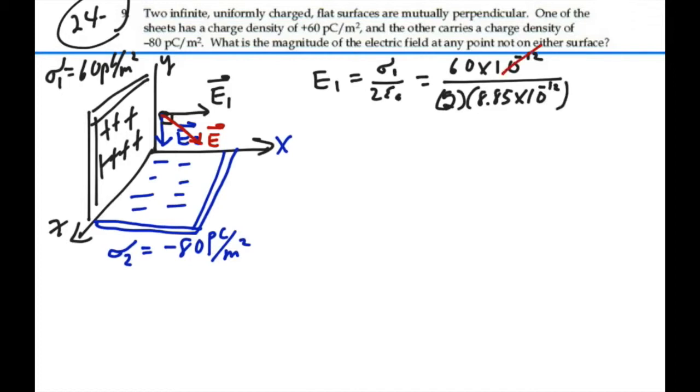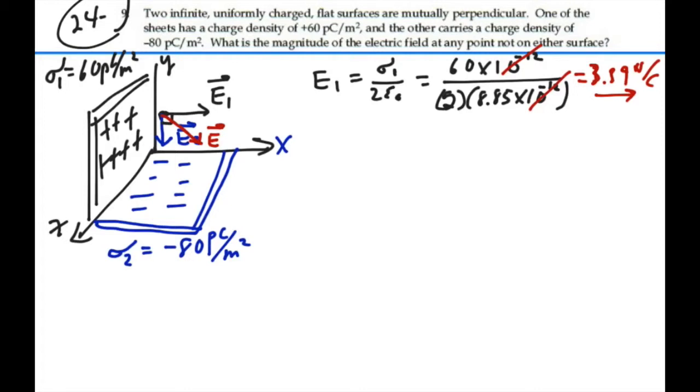The 10 to the minus 12s will cancel out, and so we'll have 60 divided by 2 divided by 8.85, and that gives us 3.39 newtons per coulomb, and as I've drawn it, it'll be going to the right.